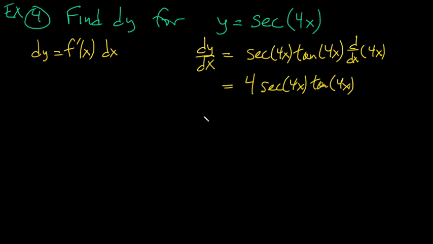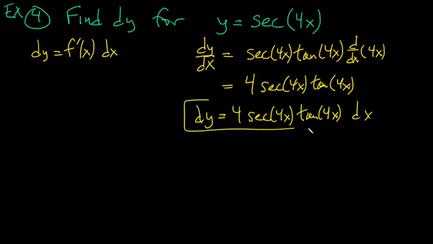So multiply by dx. And so dy is just going to be 4 times secant of 4x times tangent of 4x times dx. So nothing new. The only thing new is that dy is just the derivative times dx.